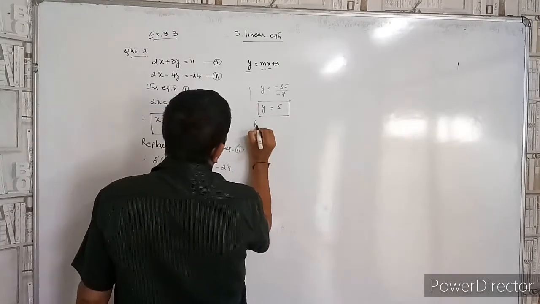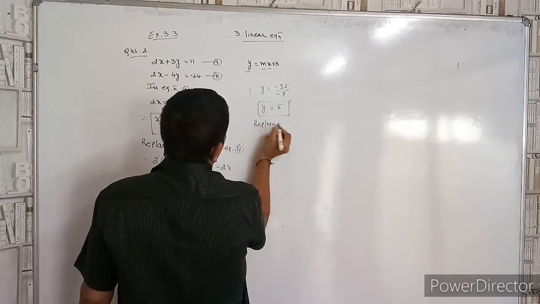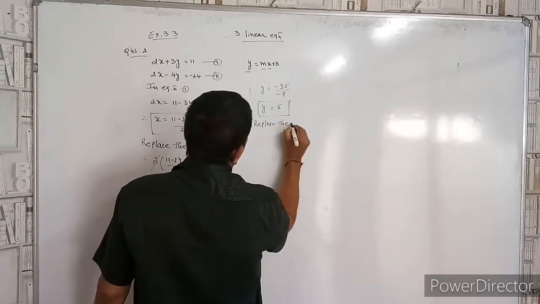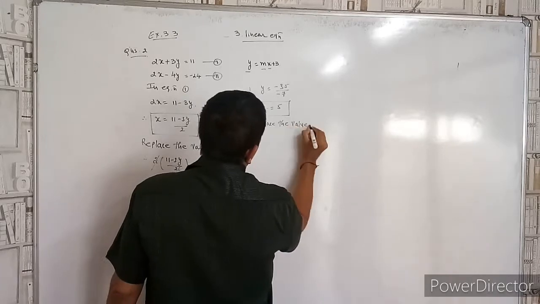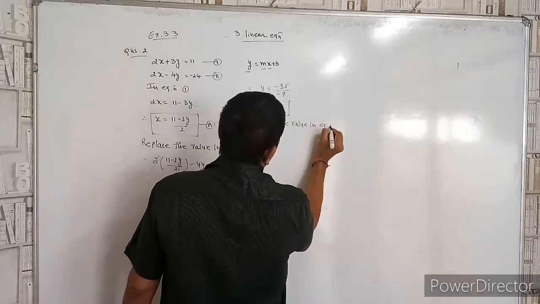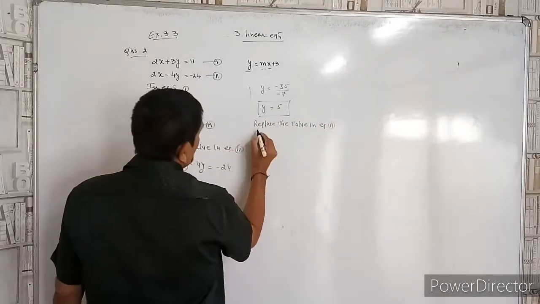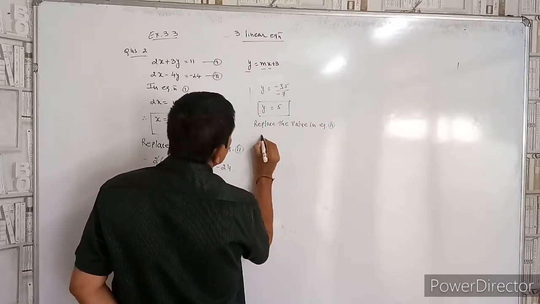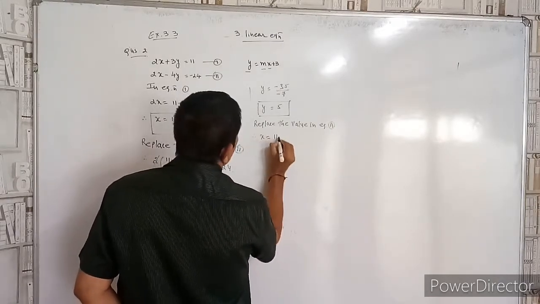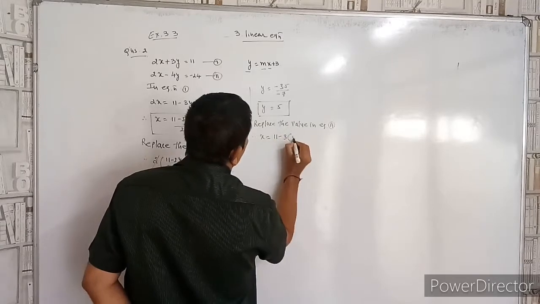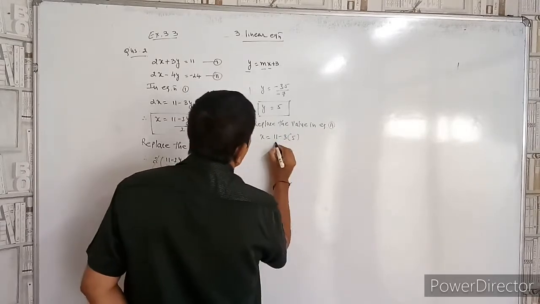Therefore x is equal to (11 minus 3y) upon 2, with y equal to 5.